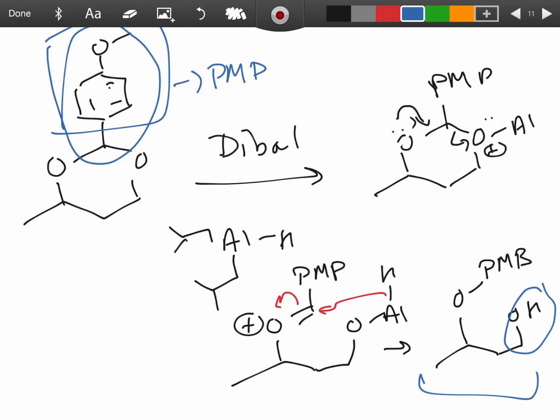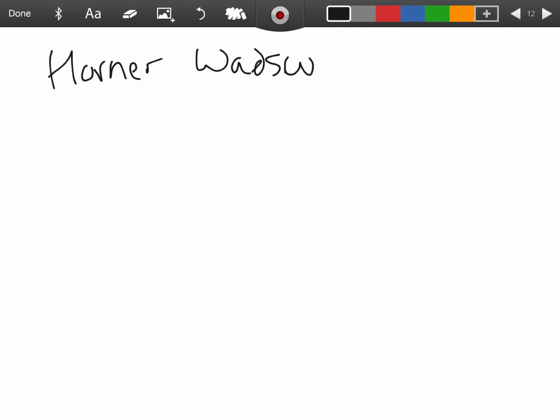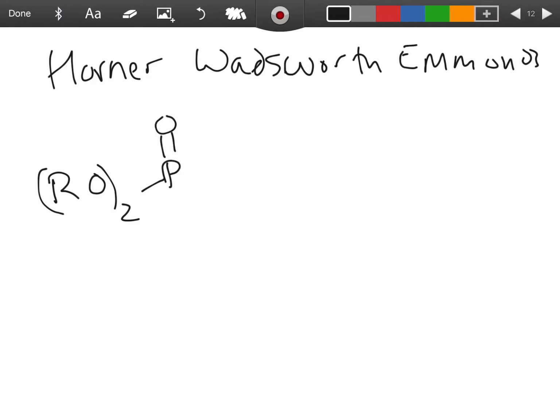What ends up happening, in the shortest, simplest case, is you have RO, two of those, phosphorus, and then you have some ketone, ester, or aldehyde on the other side. And you treat this with base.